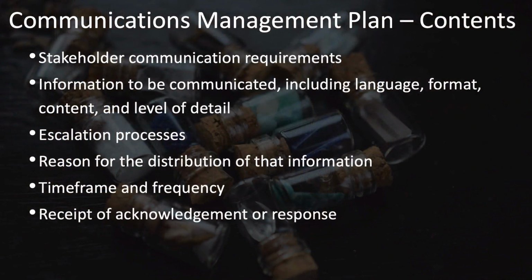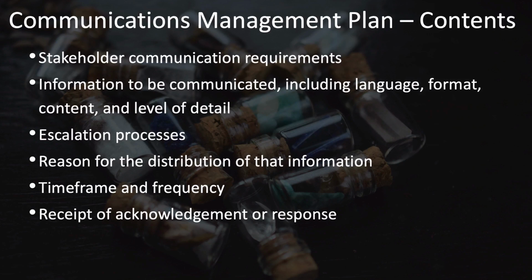The Communications Management Plan has a lot in it. It starts with the stakeholder communication requirements, which is why it makes a lot of sense to develop these two plans in parallel, the Communications Management Plan and the Stakeholder Engagement Plan, because they're so interrelated. It should also include information that needs to be communicated, including, if necessary, the language.